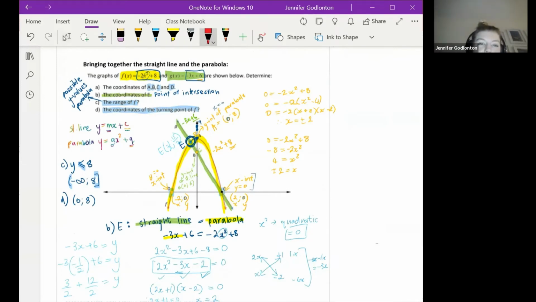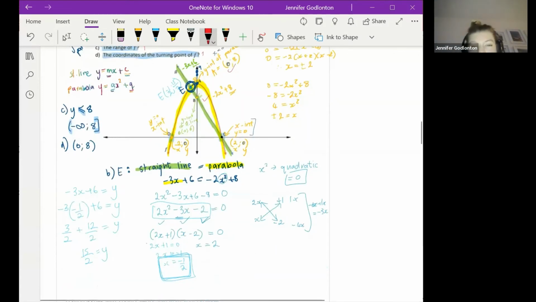So for example, the coordinates of A would be 1 mark. The coordinates of B would be 1 mark. The coordinates of C and D, maybe it would be 2. So let's say that that's 4 marks. Range of F would be 1 mark. The coordinates of the turning point would be 1 mark. And so that's only 6 marks.